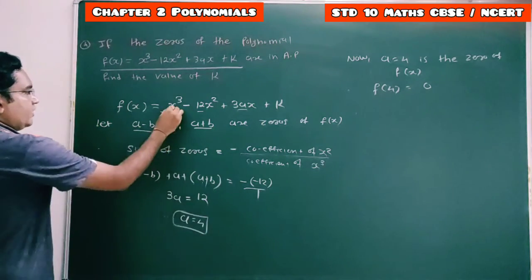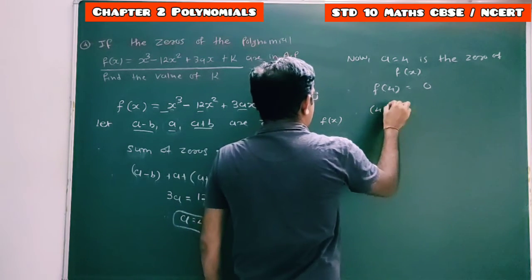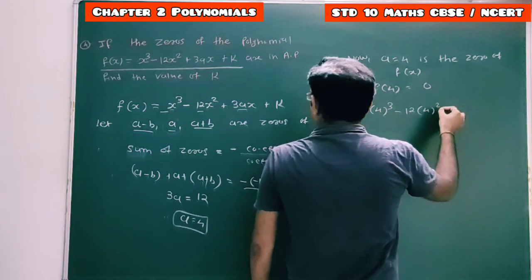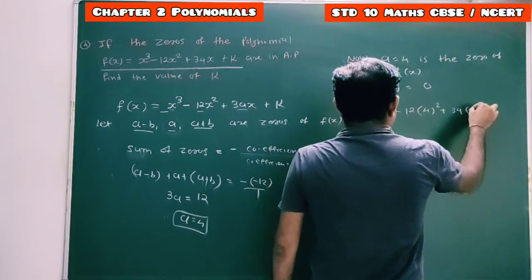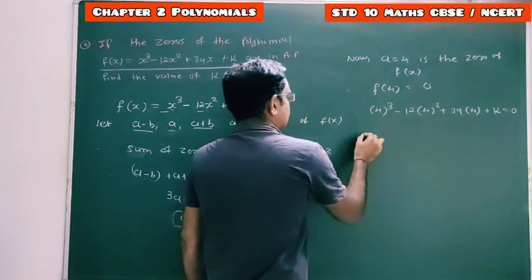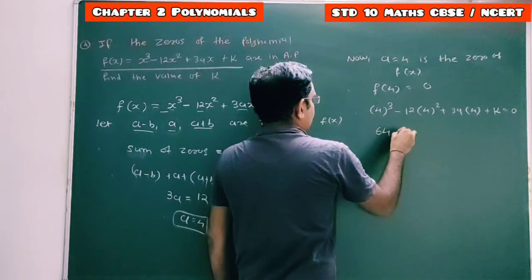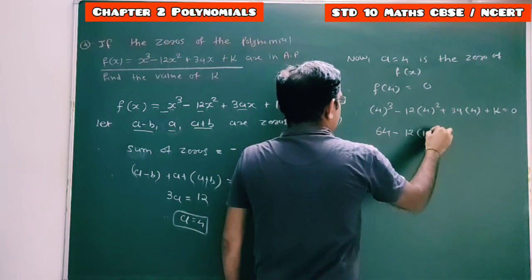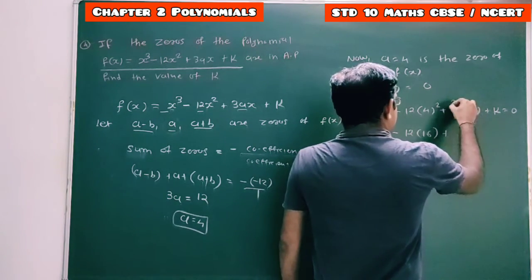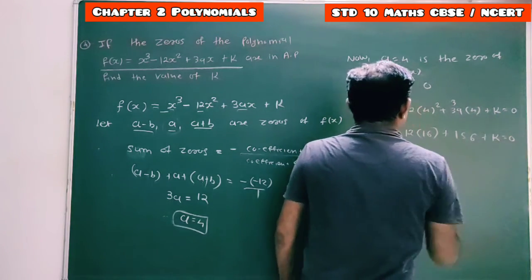So replace x with 4, and we will get the value of k. Therefore 4 cube minus 12 into 4 square plus 39 into 4 plus k equal to 0. Simplification: 4 cube is 64, minus 12 into 4 square, 16, plus 39 into 4, 4 9s are 36, 4 3s are 12, 156, plus k equal to 0.